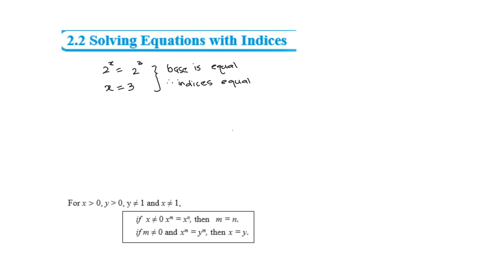In the same way, if you have x to the power 5 equal 2 to the power 5, we can write x equal 2 because here indices equal, so base is equal.